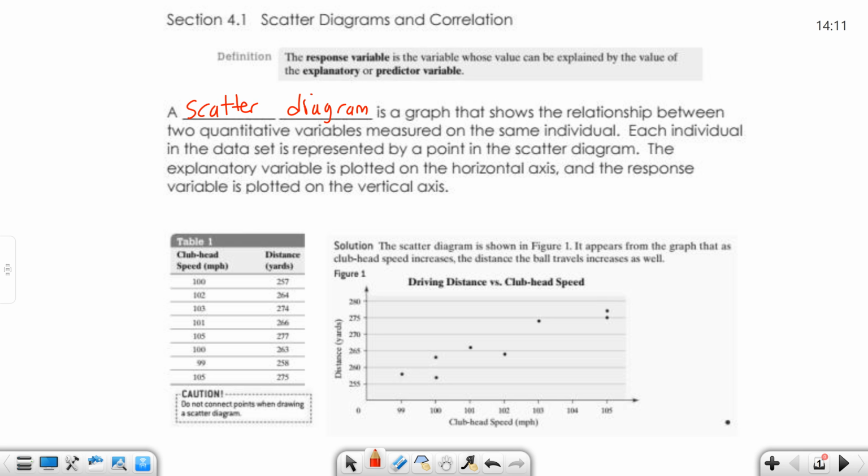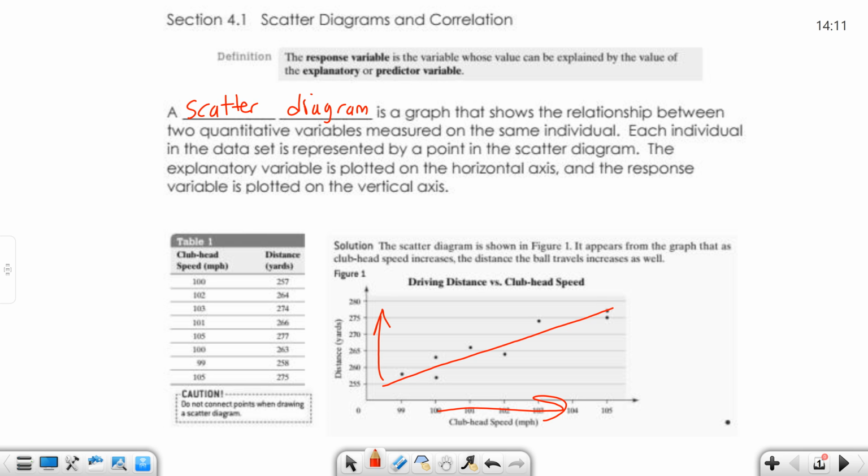Caution: do not connect the points when drawing a scatter diagram. In Figure 1, the scatter diagram for Table 1, as club head speed increases, the distance the ball travels increases. You can see this relationship.